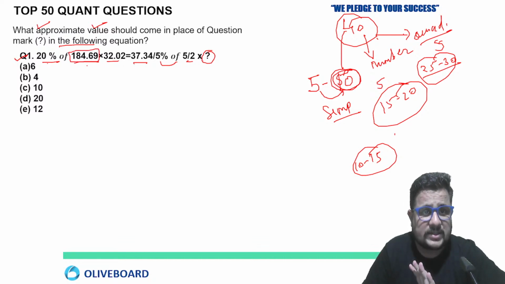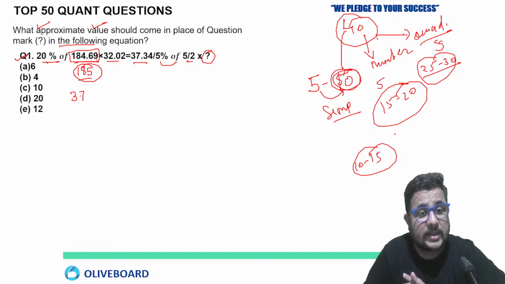Now you will say the calculation will become tougher, right? It is not that easy. So we can take the approximate value of 184.69, which is 185. Now 20% of 185 is going to be what? 10% is 18.5, just double that. So that is going to be 37.